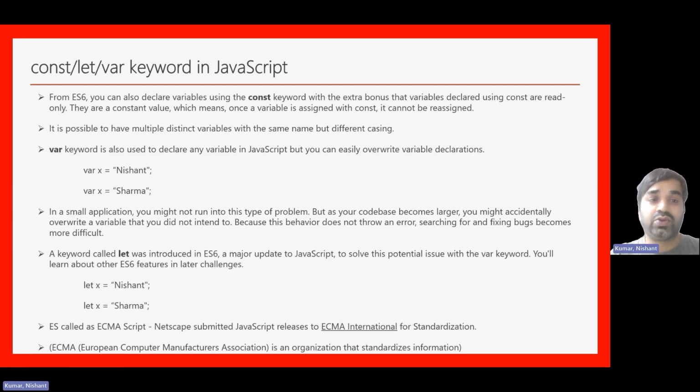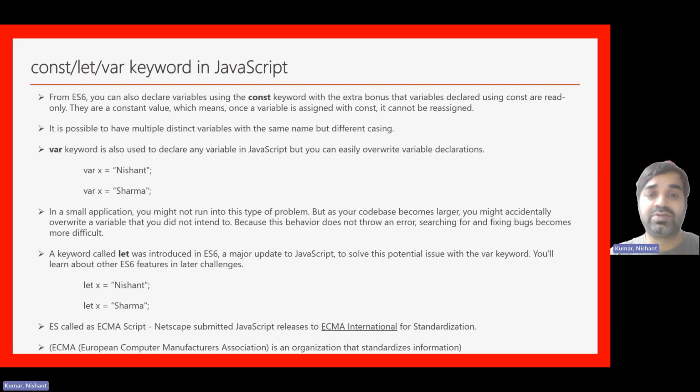To restrict that, we use the let keyword. If we declare any variable with the let keyword, we can't redeclare the same variable anywhere in the code with the let keyword.